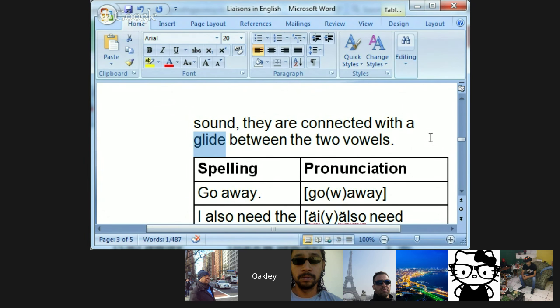In some languages, you have two vowel sounds together, and it's normal, and you do what's called a glottal stop. You basically block your throat, and you say ooh, or whatever, we don't do that in English. We want to keep the sounds flowing.